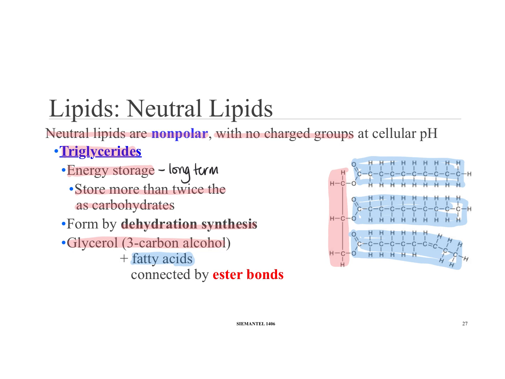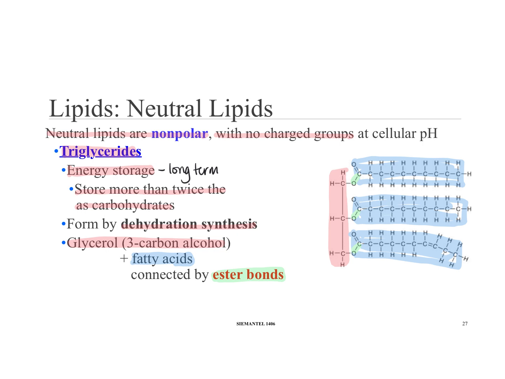The bond connecting the carbon in the alcohol to the fatty acid tails is called an ester bond. I'll show you where it shows up. Right here, here, and here, that's our ester bond.